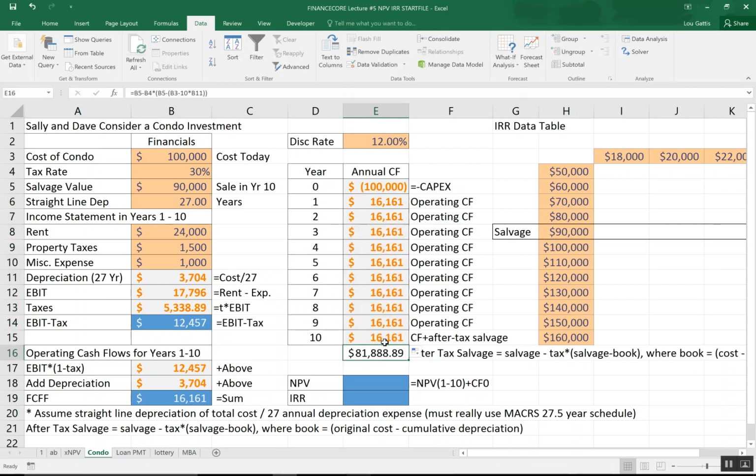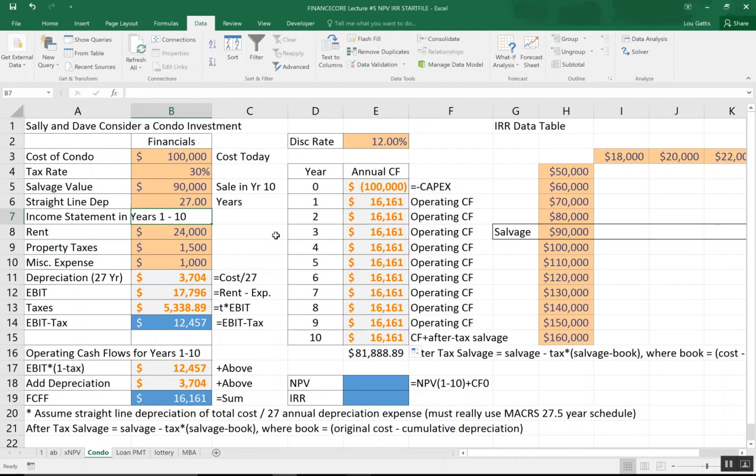Now the last thing I have to account for is when I sell the condo at $90,000. This is the assumption: I sell the condo at $90,000 and receive it in year 10. However, I'm not going to receive the full $90,000, because I'm going to have to pay taxes on the difference between $90,000, what I sell it for, and the net book value of the asset.